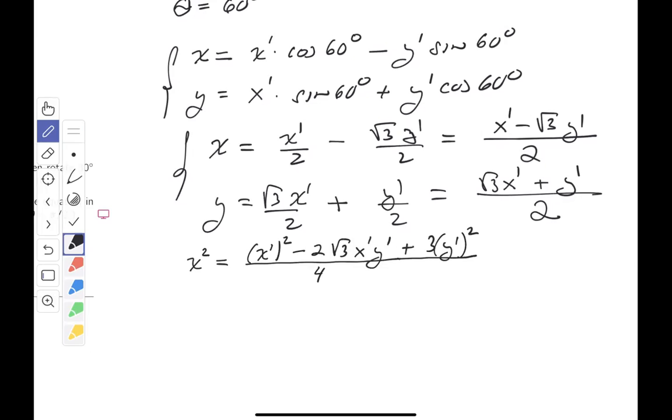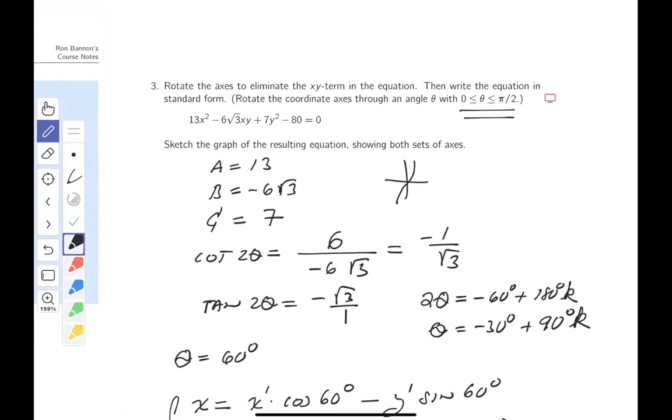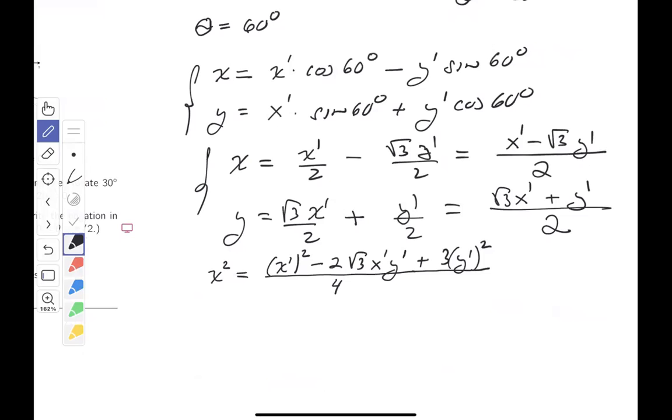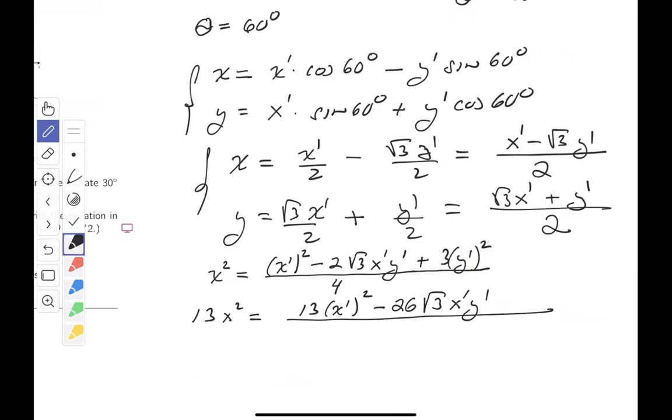Again, if you look at the original problem, I know it's a lot of work. I need 13 of those things. 13 x squared: 13 x prime squared minus 26 root 3 x prime y prime plus 39 y prime squared, over 4.